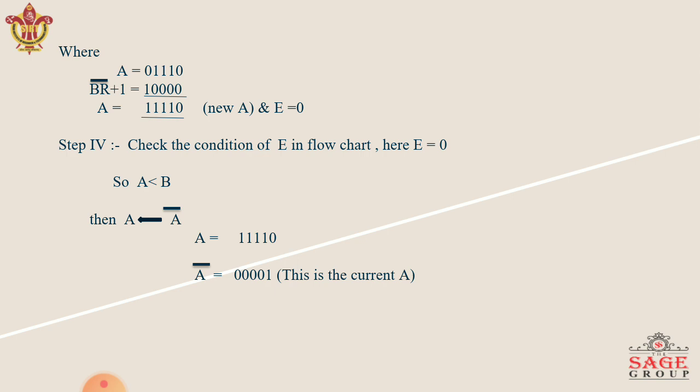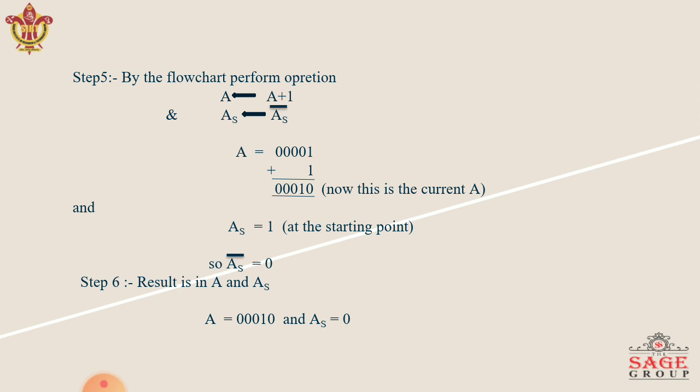It is 11110. If we complement this value, we get 00001. This is our current A. Just follow the flow chart.